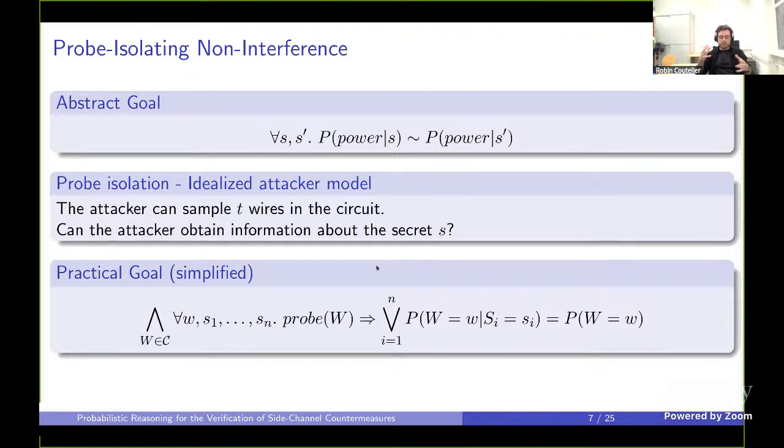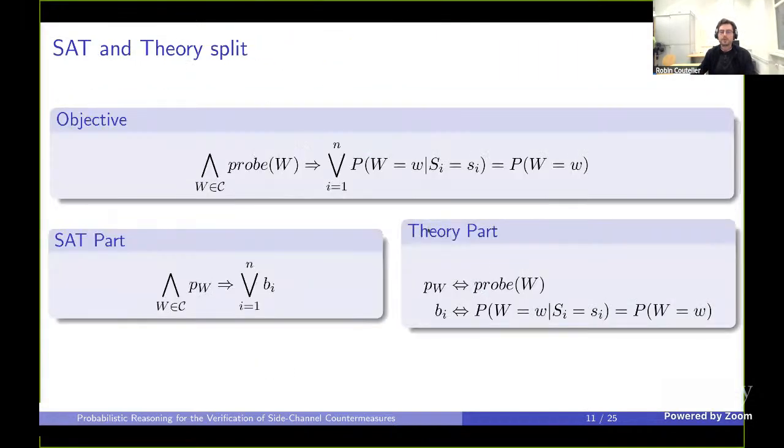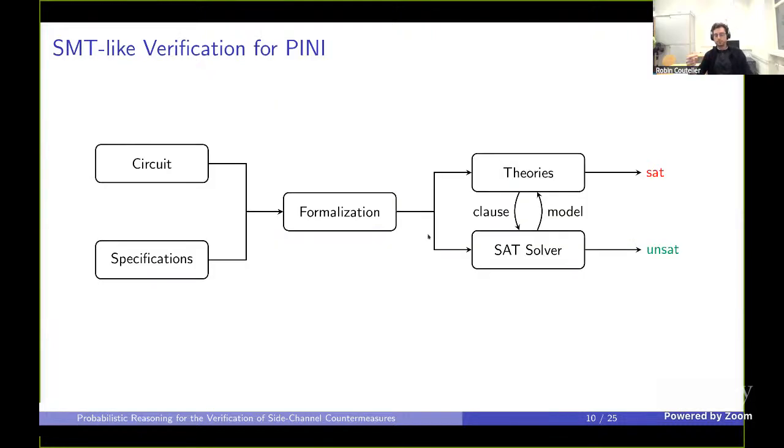All this mess we don't want to deal with at the same time. It is very complicated. So the SMT approach is to split this into two parts. You have the SAT part, which takes care of the Boolean structure, so which are the things that can be true at the same time such that we don't violate the basic structure of the problem. And then the SAT solver will say, hey, here is the set of equalities that hold.